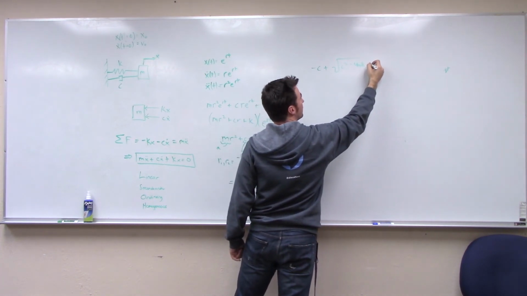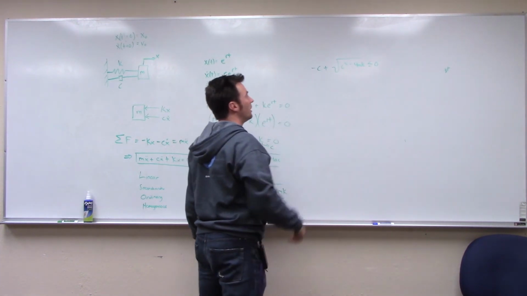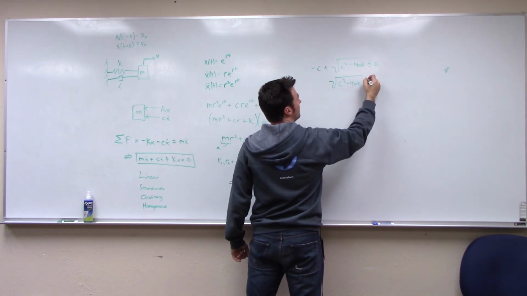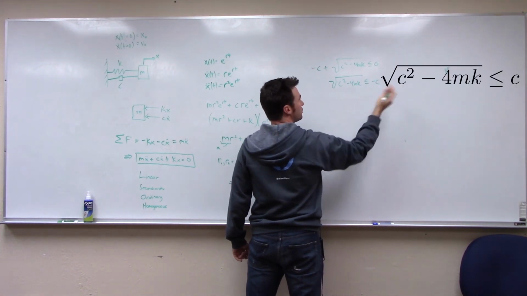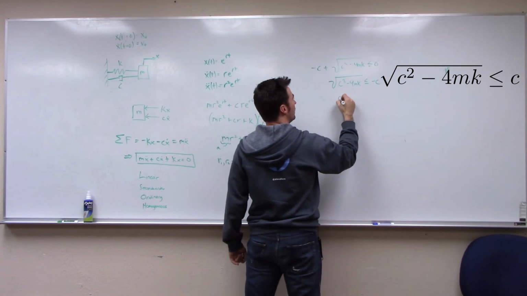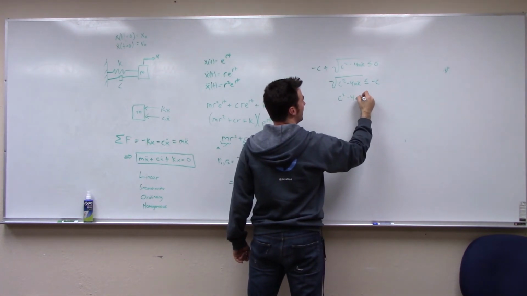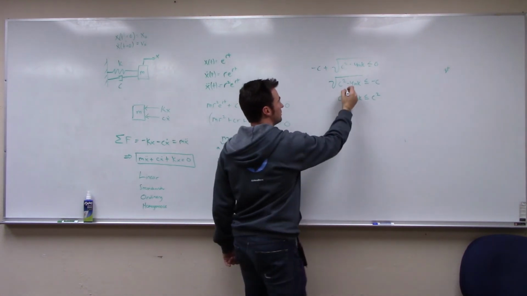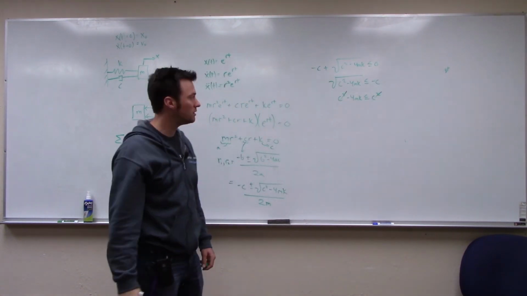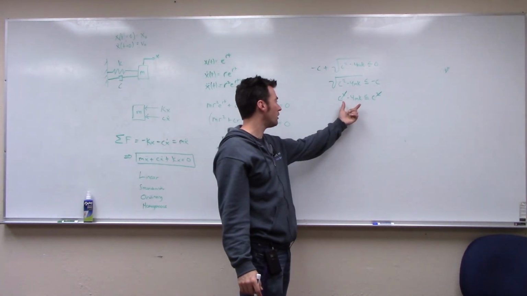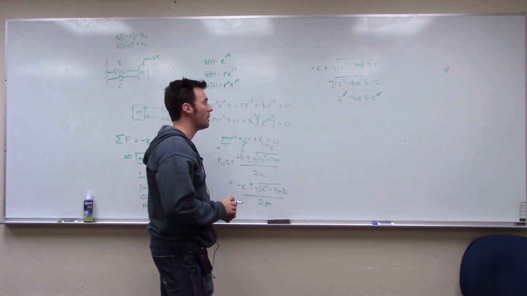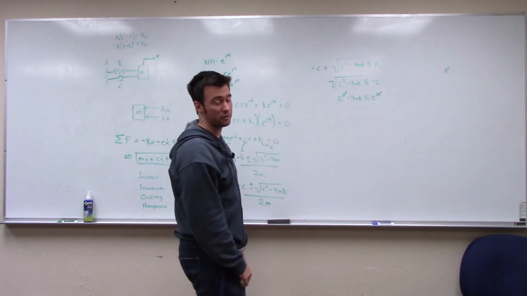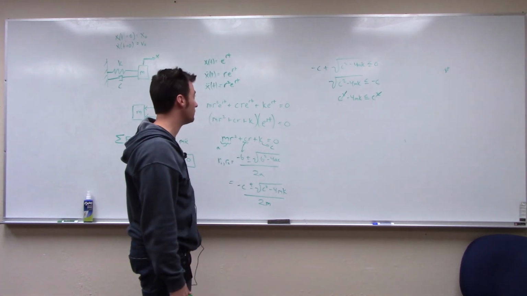This has to be less than or equal to 0. This means the square root of c squared minus 4mk is less than or equal to c. Let's square both sides. Then we have c squared minus 4mk less than or equal to c squared. Well, sure, that's easy. 4mk is always going to be greater than or equal to 0.